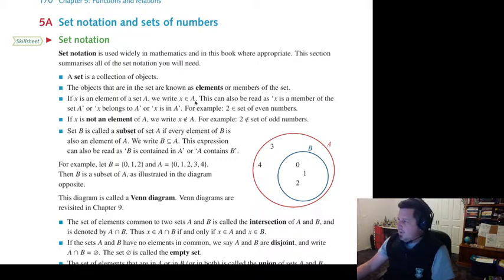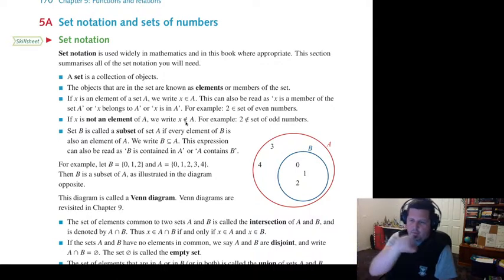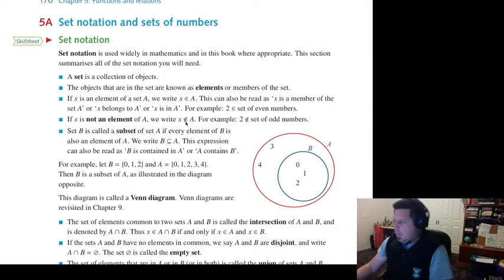As it says, x is a member of set A, or x belongs to set A, or x is in A. All of those things are talking about that. If x is not an element of A, it's like the element symbol, but it's got the cross through. So x is not part of A.